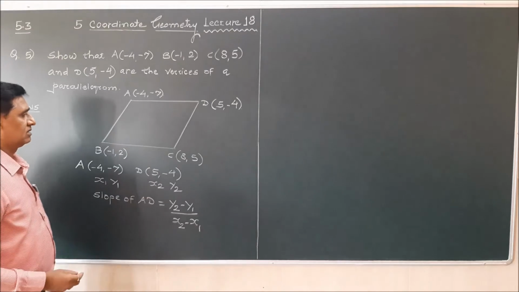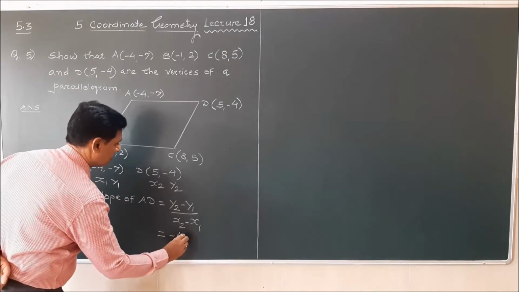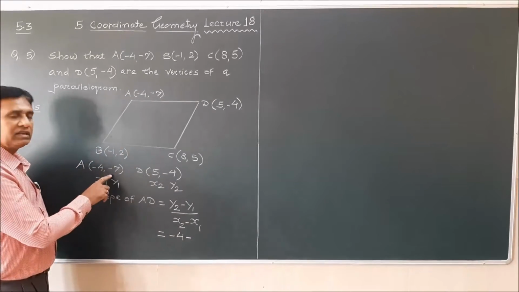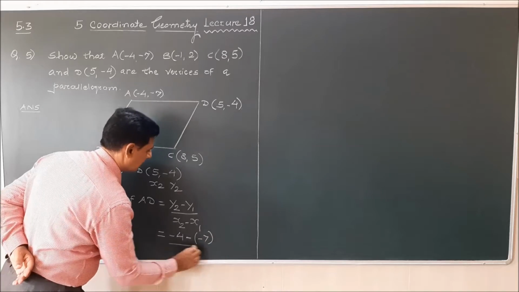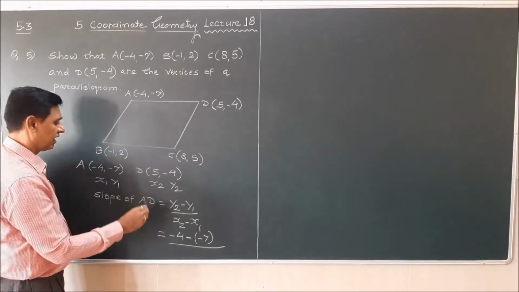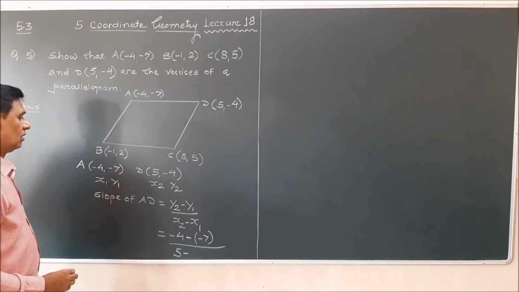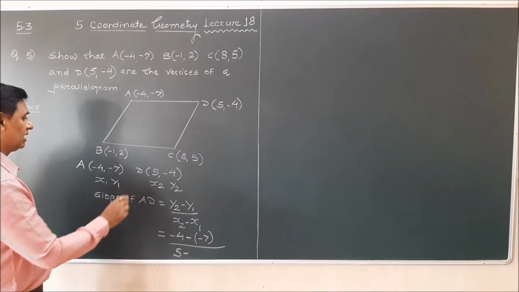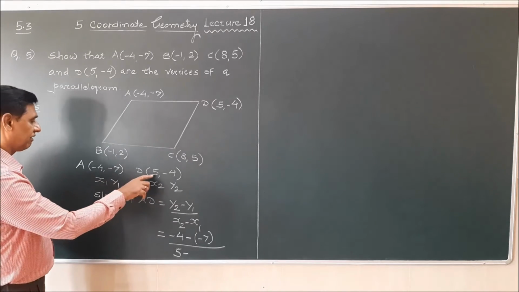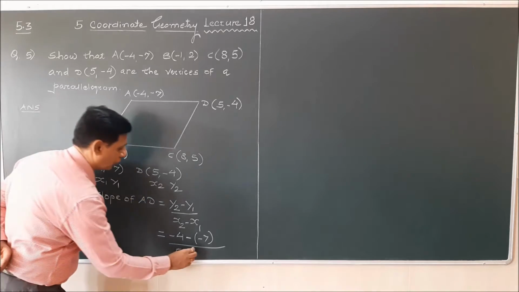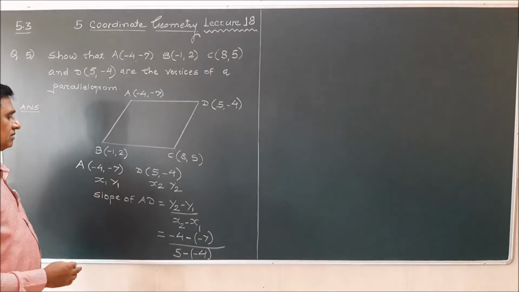I will substitute the values. So y2 is -4, minus y1 which is -7, so -4 minus of -7, upon x2 minus x1, that is 5 minus of -4. Let's open the brackets.